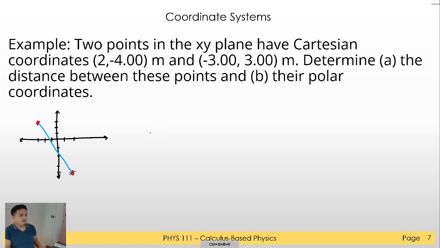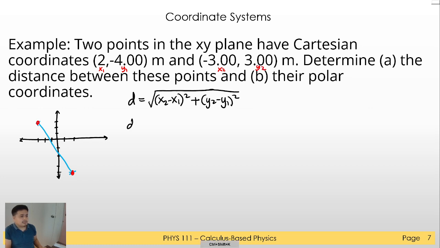Okay. So how do we find the distance between these 2 points? We can utilize here the Pythagorean theorem again. But just remember this one, guys. This is already discussed in your analytic geometry course or pre-calculus course, that the distance is equal to the square root of (x2 minus x1) squared plus (y2 minus y1) squared. So we have already given here, this is x1, this is y1, this is x2, y2.